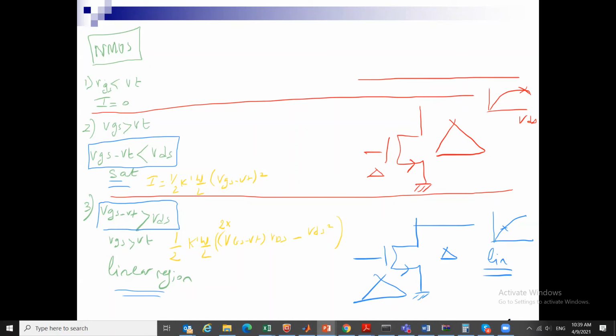Let us now look at the PMOS device. What happens there? For the PMOS device, in the context of the inverter problem, typically the source node is connected to VDD, the higher voltage will be the S, this will be the gate, and then the drain will be here.